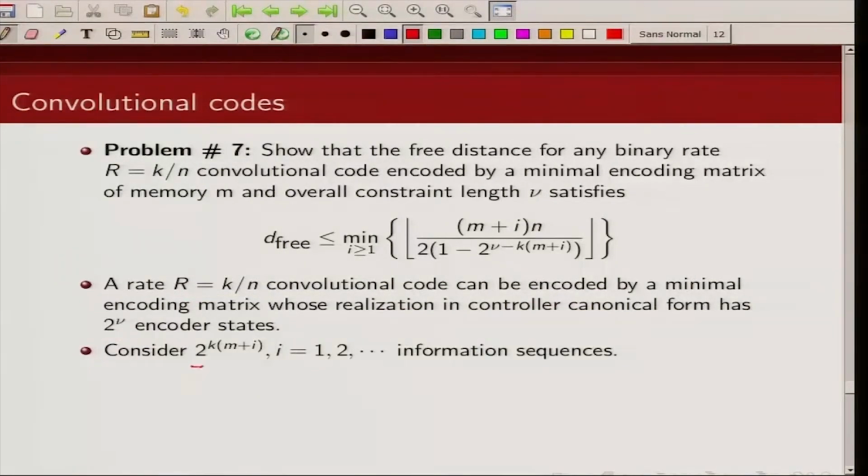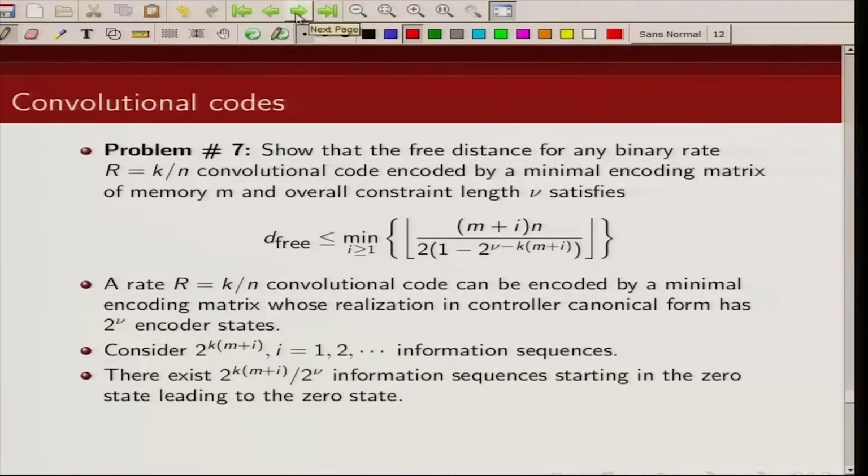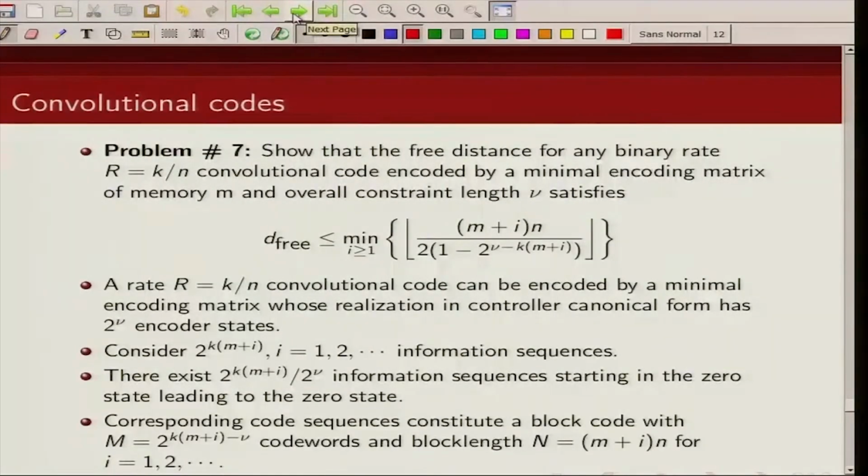Now, if we consider 2^(k(m+l)) information sequences, then there exist 2^(k(m+l))/2^mu information sequences starting at the 0 state leading to the all 0 state. So, the number of such code words is 2^(k(m+l)-mu). And what is the length of this code word? The length would be (m+l) times n, because this is a rate k by n code.